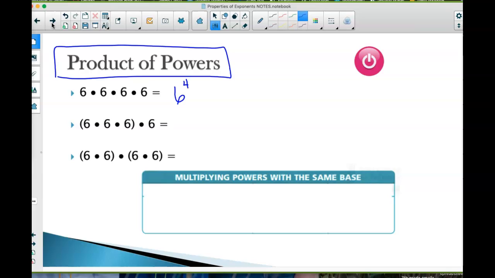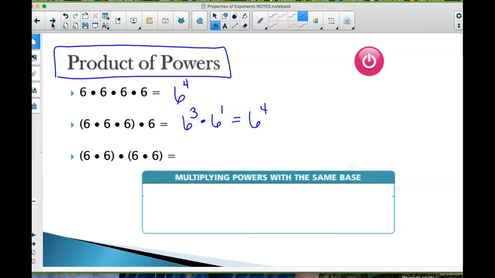Now if I look at this second example here, it's 6 times 6 times 6, which would be 6 to the 3rd power times 6 to the 1st power. Well, ultimately, we're still doing 6 4 times. So it's still 6 to the 4th power.